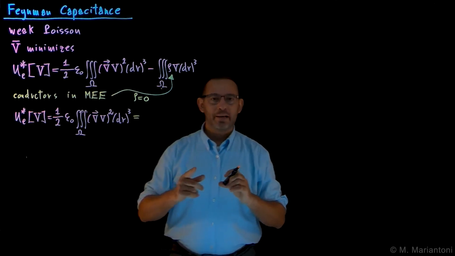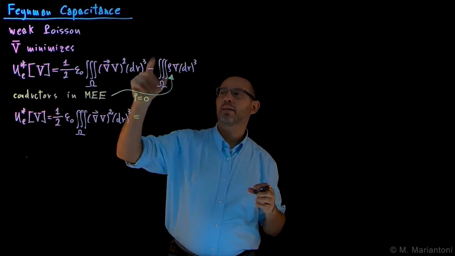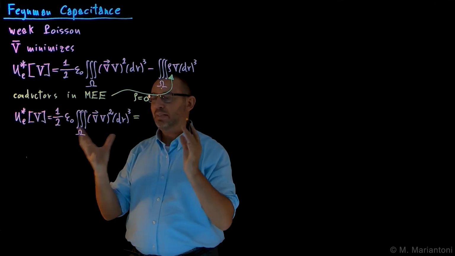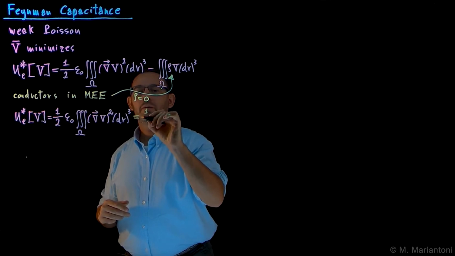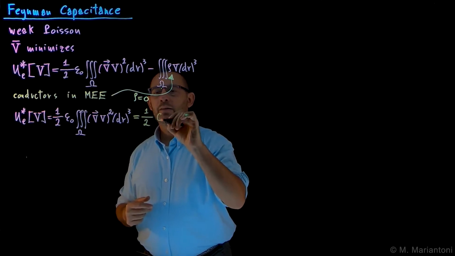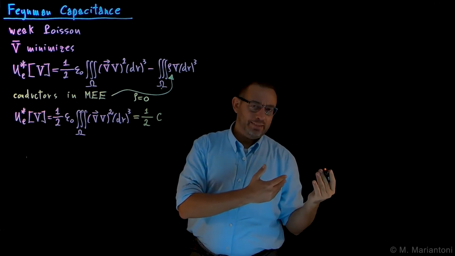Note that was the electrostatic energy with the positive sign, but in this case the sign doesn't matter because I'm already getting rid of it, so the signs come out exactly the same. So we can equalize this to 1/2 the energy we found in that video, C, the capacitance of our system, times delta V squared.